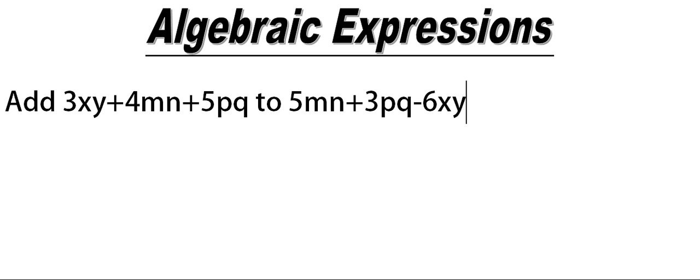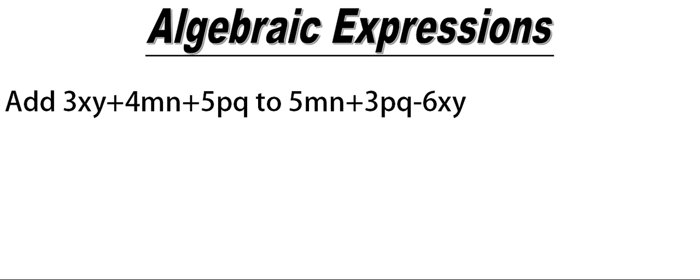Okay, this is the question. 3xy plus 4mn plus 5pq is one algebraic expression, and this expression is to be added to the second expression, that is 5mn plus 3pq minus 6xy.